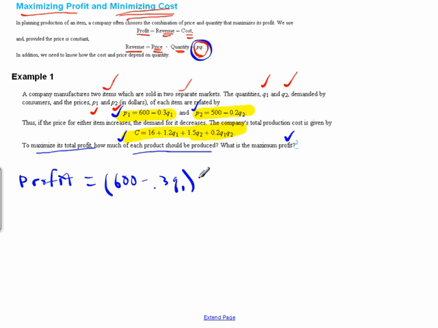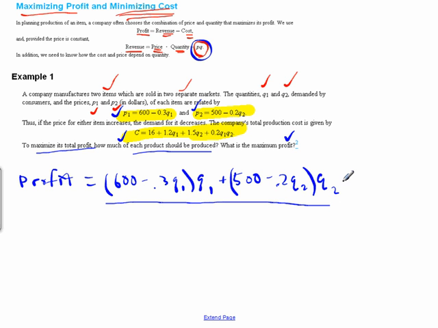That's the price times the quantity plus price 2 times quantity 2. So that's my total profit. I'm sorry, that's my total revenue. Right here is my revenue. And then I'm going to subtract that from my cost.